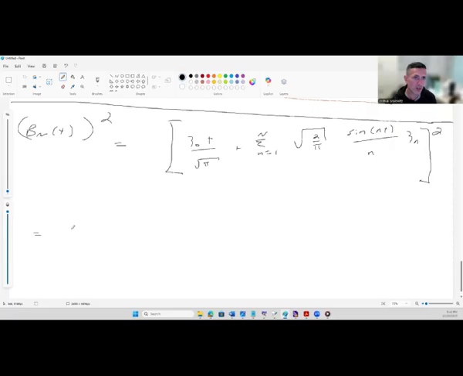So it's nu 0 squared t squared over pi, plus 2 nu 0 t over square root pi times the sum here. That's the two cross terms.